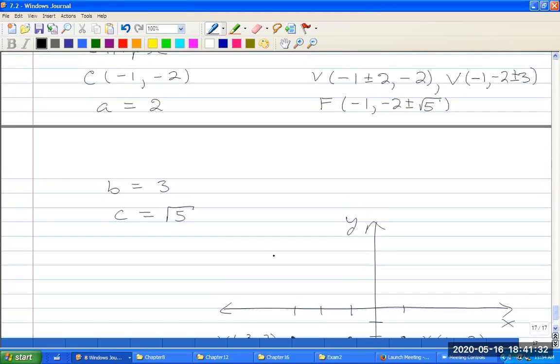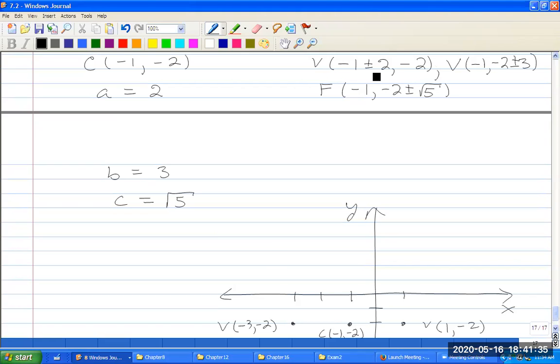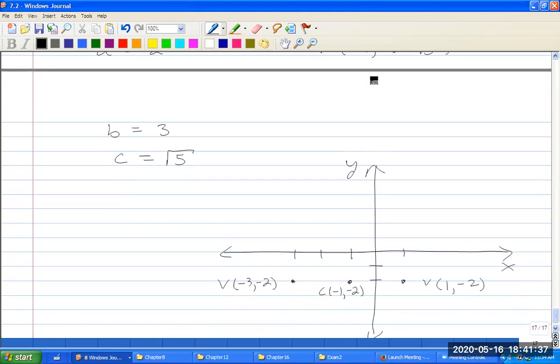Oh, here it is. Yes. And that actually is what I got from this calculation. Okay, good. And let's go 3 in the y: 1, 2, 3.